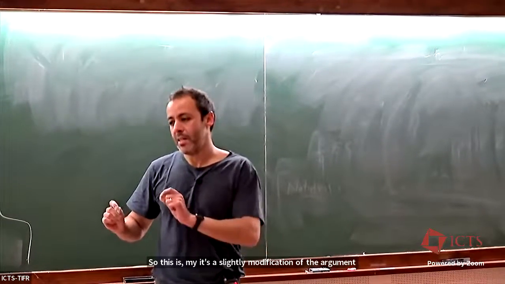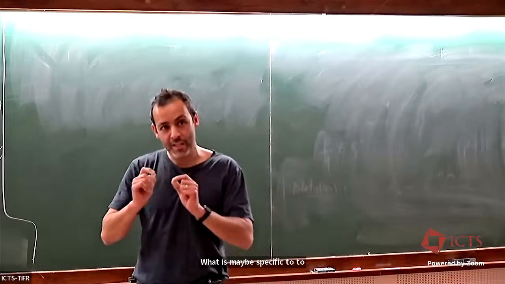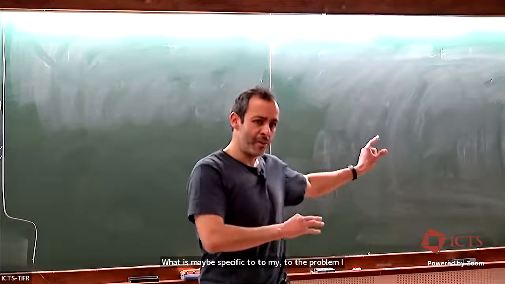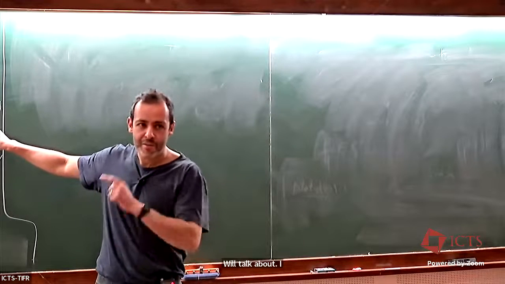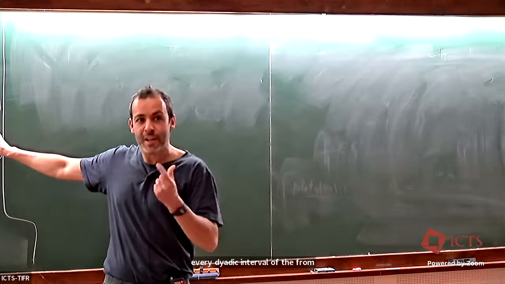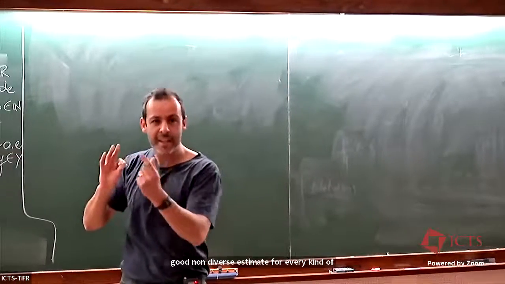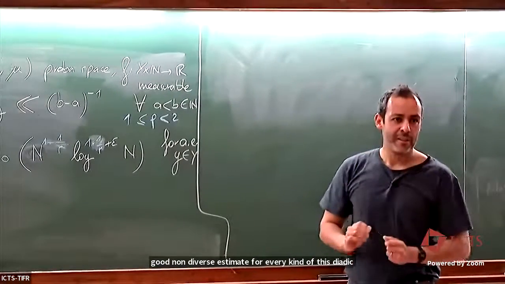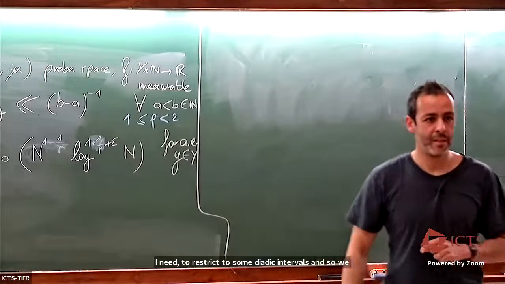What is maybe specific to the problem I address is that I need also to change the Schmidt decomposition, because in my non-divergence estimate I cannot have this for every dyadic interval of the form AB. I don't have the good non-divergence estimate for every kind of dyadic interval. I need to restrict to some dyadic intervals, and so I have to sort out some sets from this decomposition.